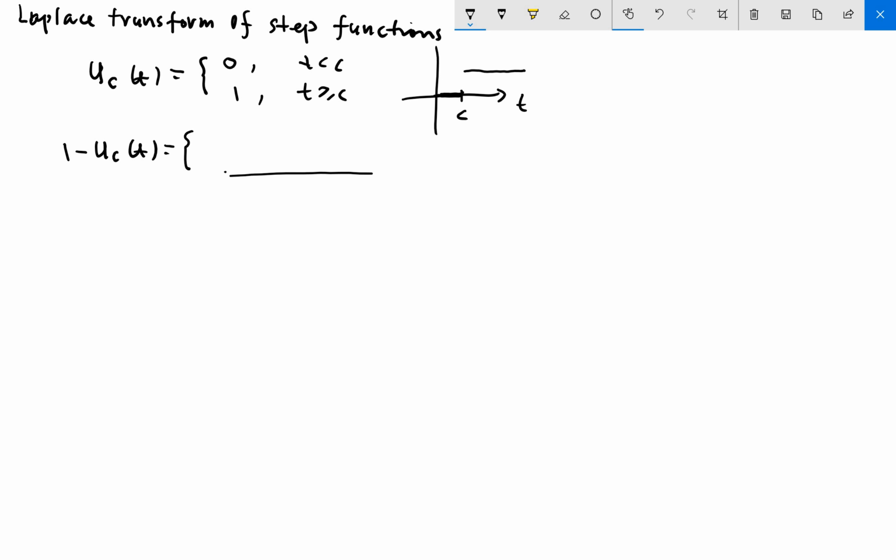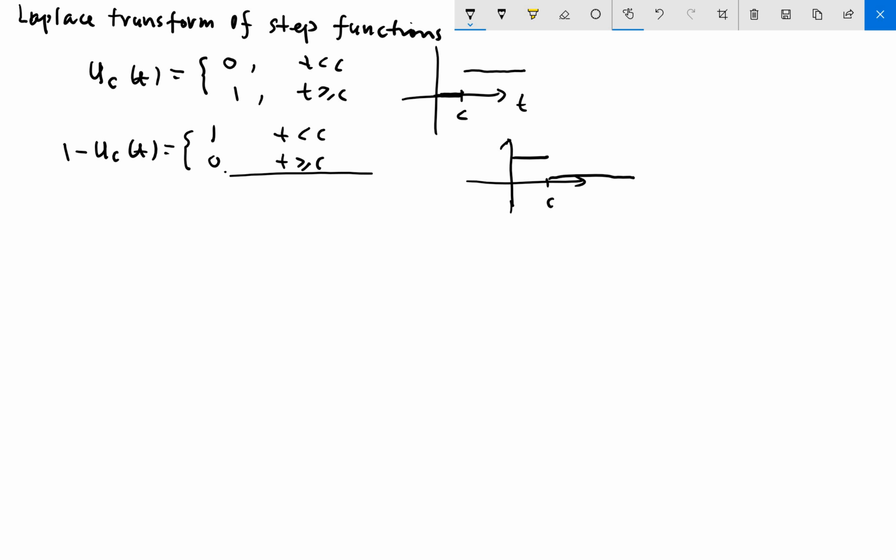For t less than c, u_c(t) equals 0, so 1 minus that equals 1. And for t bigger than or equal to c, u_c(t) equals 1, then 1 minus 1 equals 0. So the graph of this function gives you 1 here, then 0 for the rest.